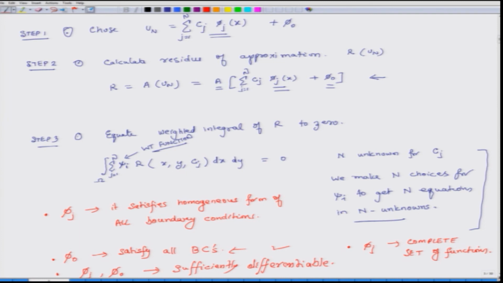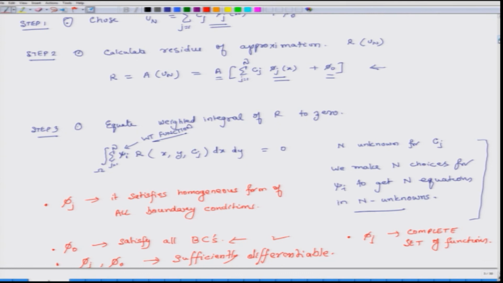I cannot have missing terms in between. So, phi_j should represent a complete set of functions, and they should be linearly independent. So, these are the requirements for phi_j: they should satisfy the homogeneous form of all boundary conditions, be sufficiently differentiable, be a complete set, and be linearly independent.